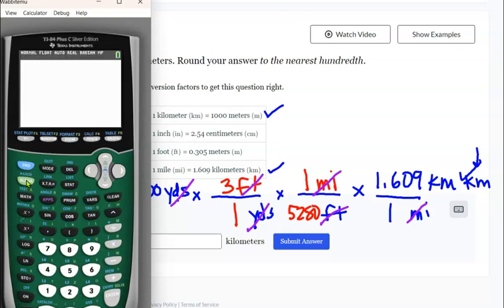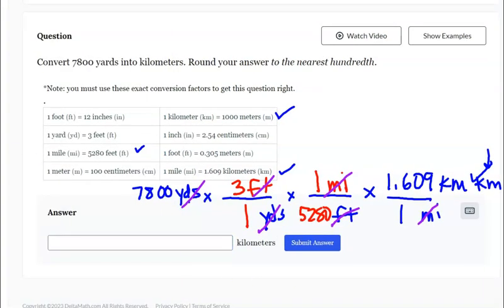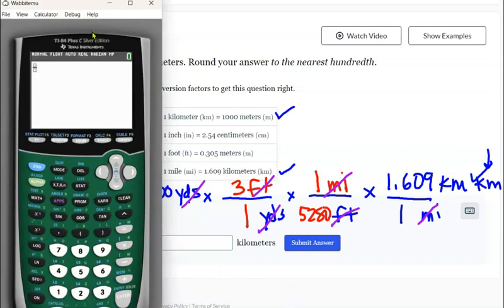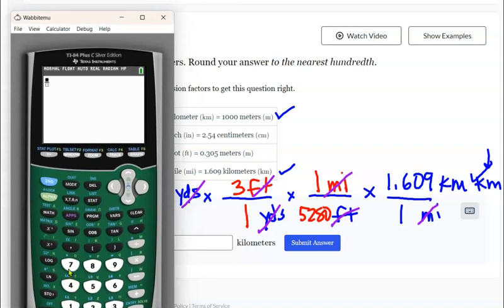I'm going to make one giant fraction. In my numerator I need 7,800 times 3 times 1 times 1.609.